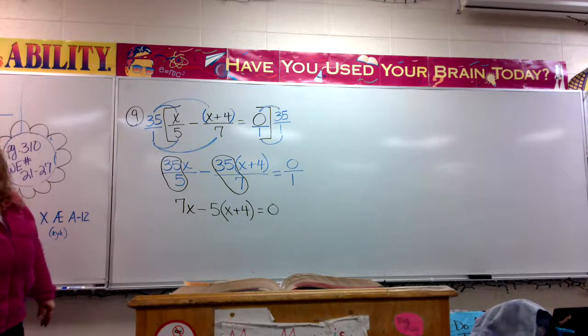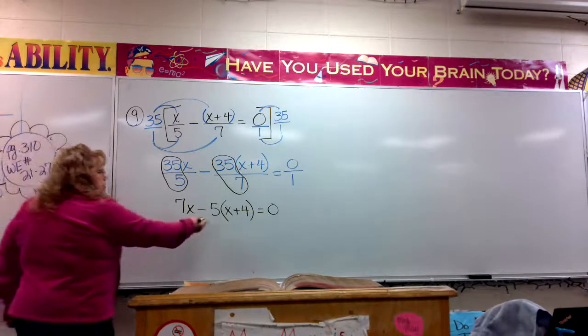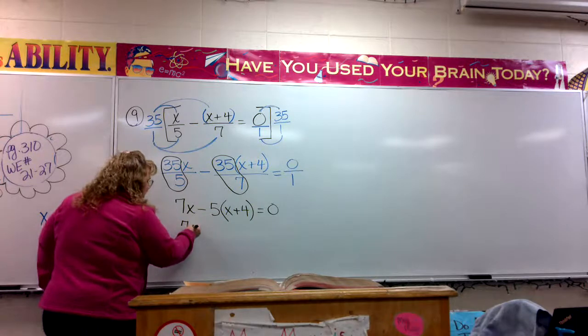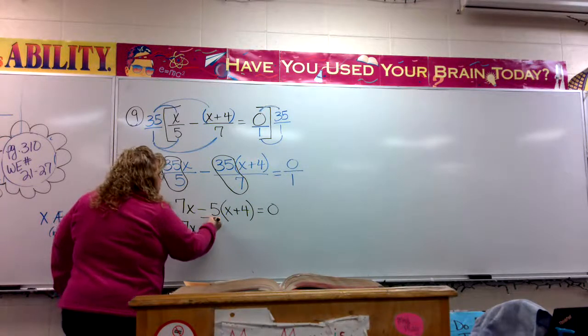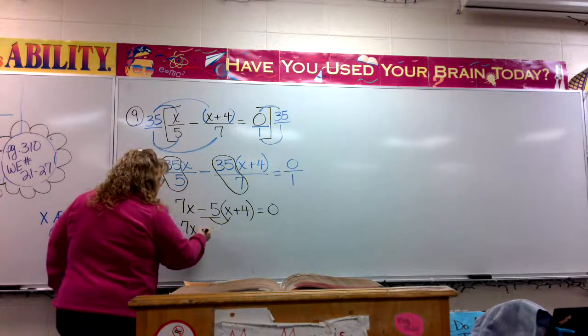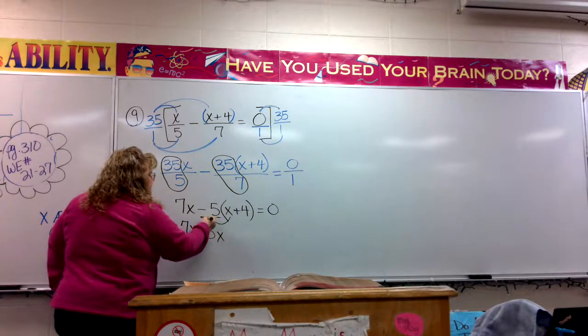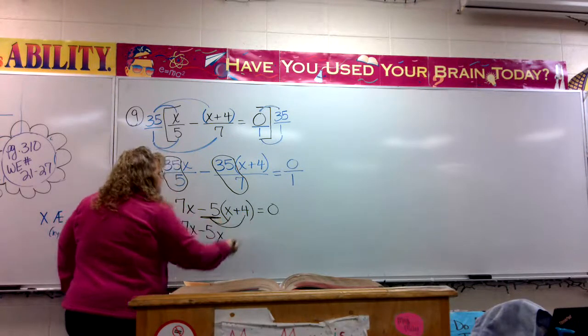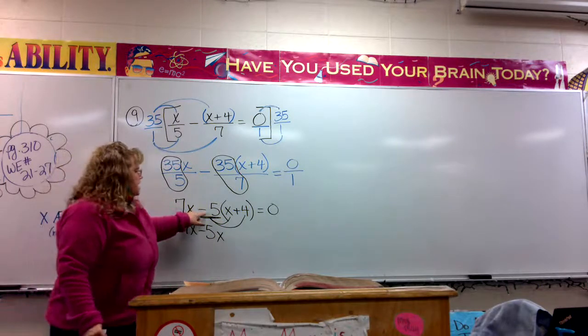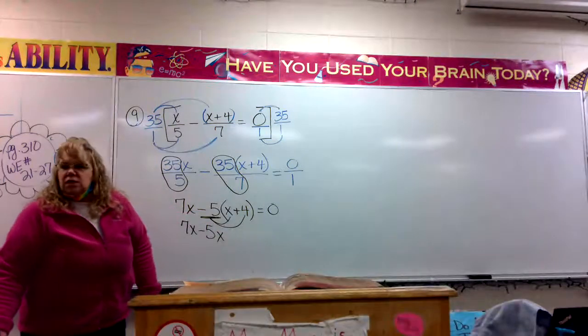What do I do next? Multiply that out now. Now we'll multiply negative 5 times x. And now we'll multiply, don't forget, negative 5 times positive 4. What's negative 5 times positive 4?